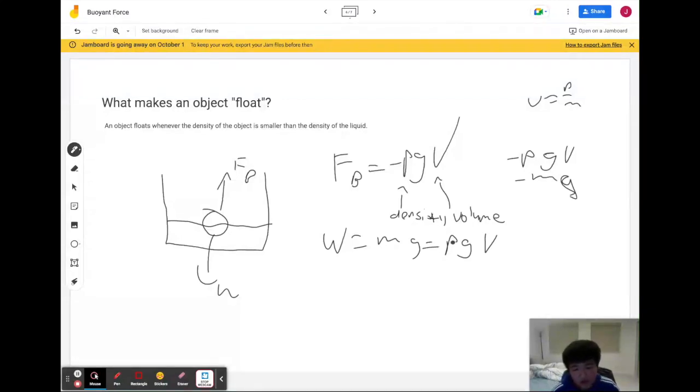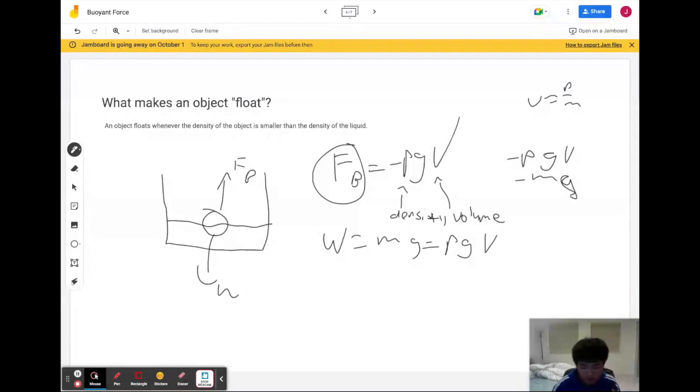Well, the difference is these are not talking about the same thing. This weight force is talking about the density and the volume of the object. This is talking about the density and volume of the fluid displaced. So if we think about it, when you submerge an object into fluid, obviously it goes up. You should already know that.